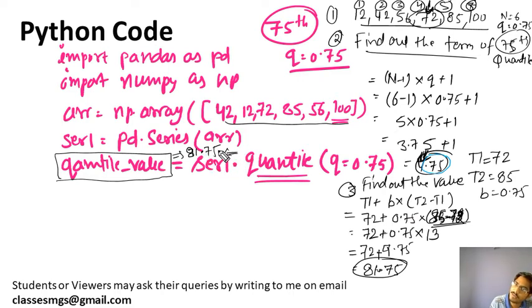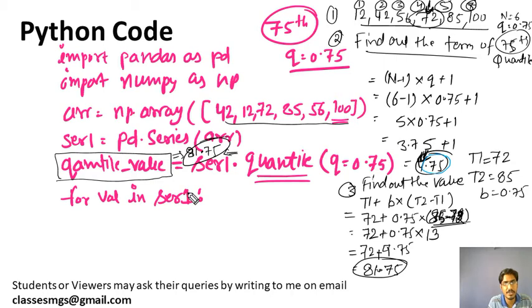Now, what is your task? Your task is to find the values that are greater than this 81.75. For that purpose you need to write a for loop to iterate over the data series items. Let's suppose: for value in series1.